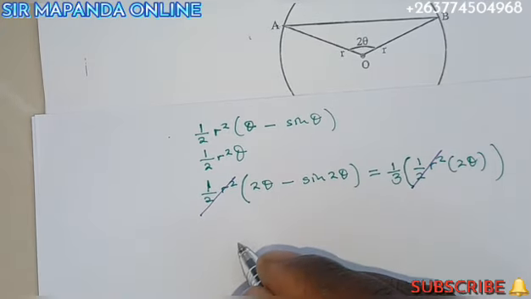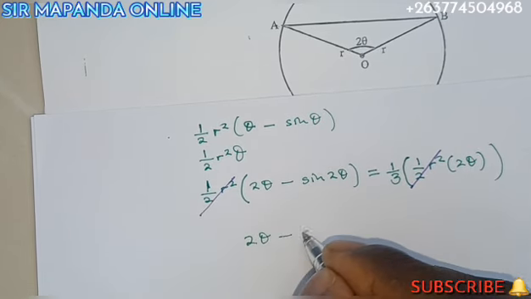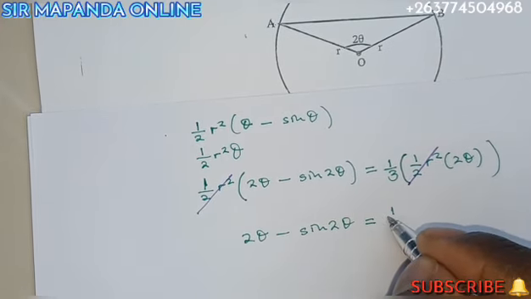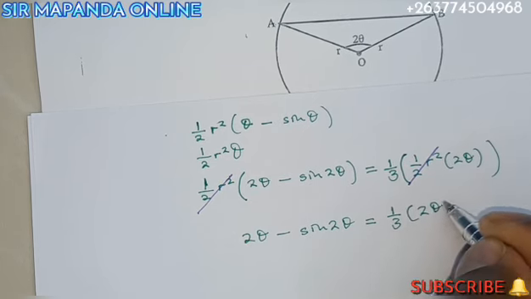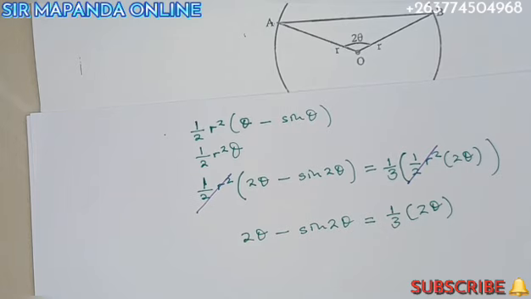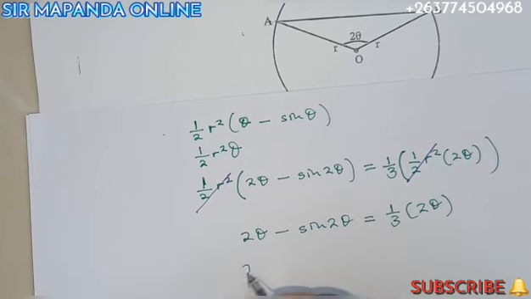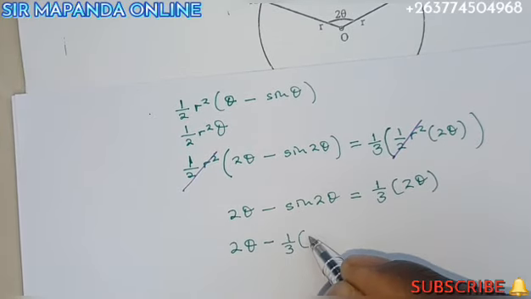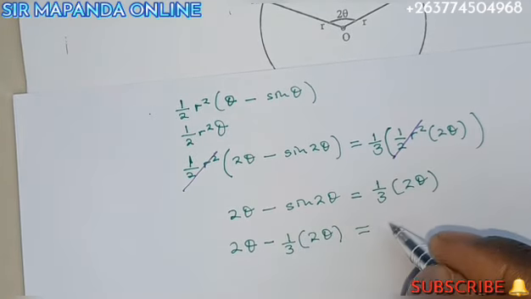So on the left side, you'll be left with 2 theta minus sine 2 theta is equals to 1/3 open bracket 2 theta, something like this. Then you are going to move 1/3 2 theta to the left. You get 2 theta minus 1/3 2 theta. Then you move minus sine 2 theta to the right.